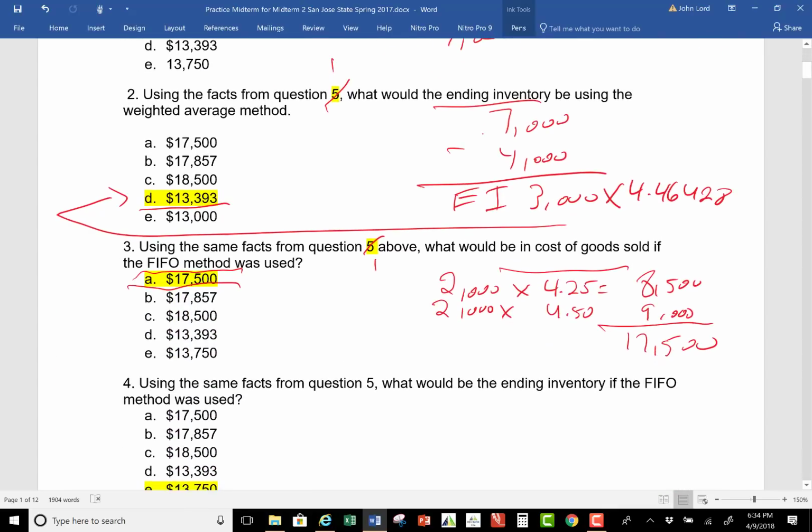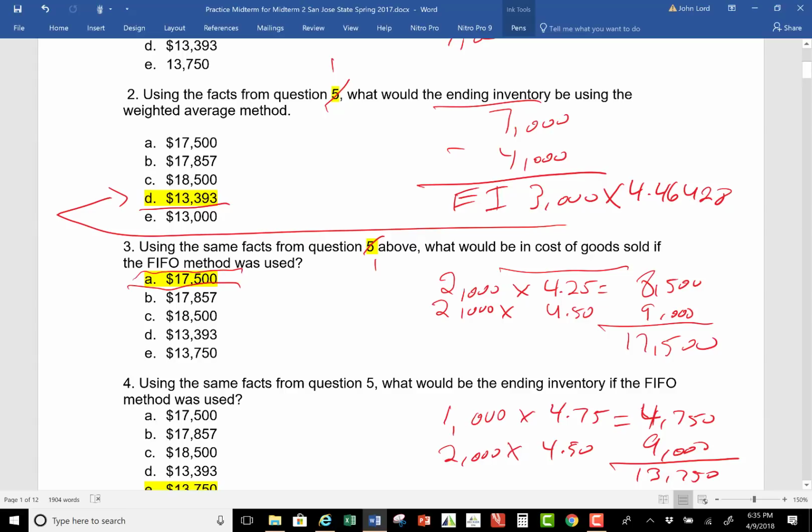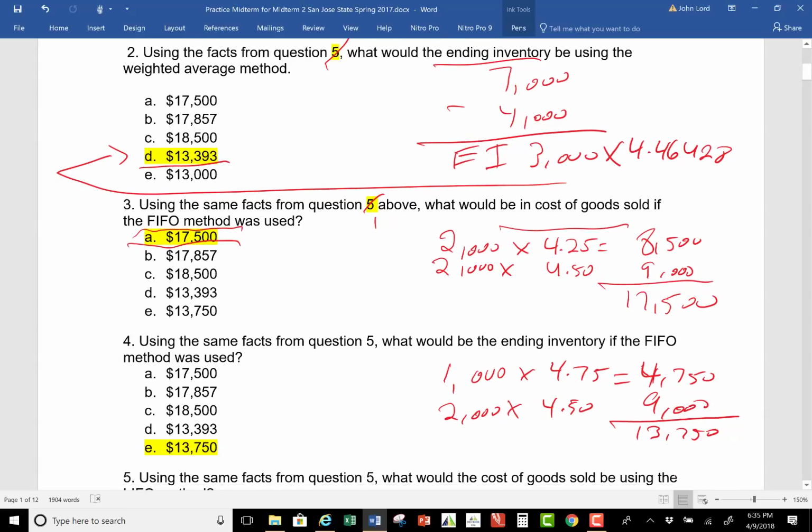So 1,000 times 475 is 4,750, right? And then we've got 2,000 of them, 450 ones left still, which is 9,000. So that gives me the 13,750, right? Choice E. Okay.